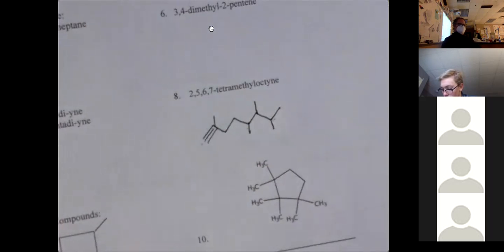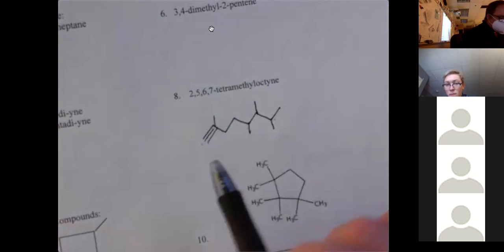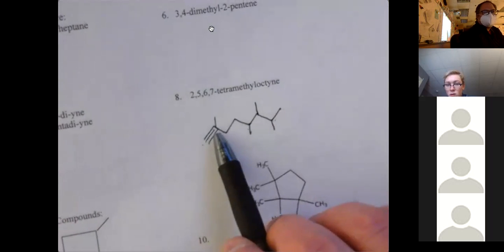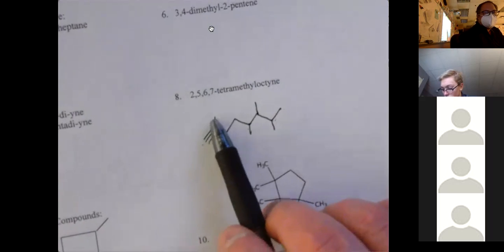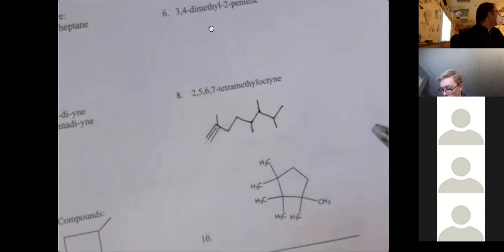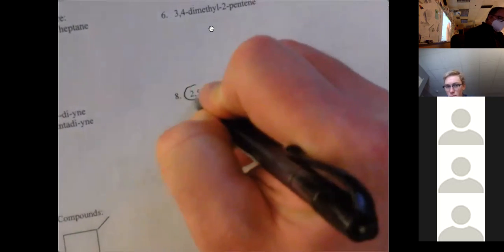Right. This is a very hard one to spot. If we take a look here, we cannot have a triple bond on this carbon and a methyl group because how many bonds will it have? 5. And we said earlier that carbons can only have what? 4. So there's something wrong with this name right here.